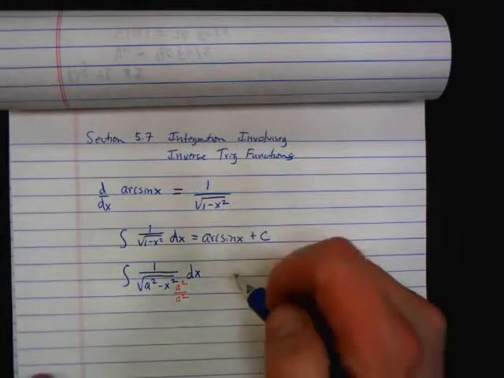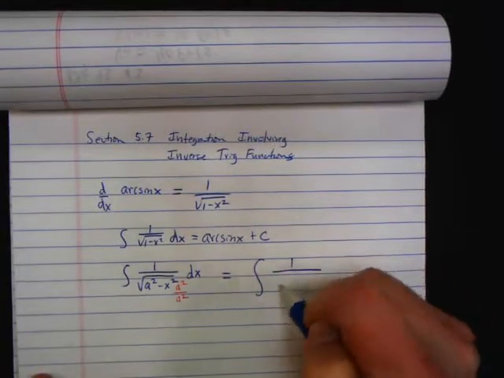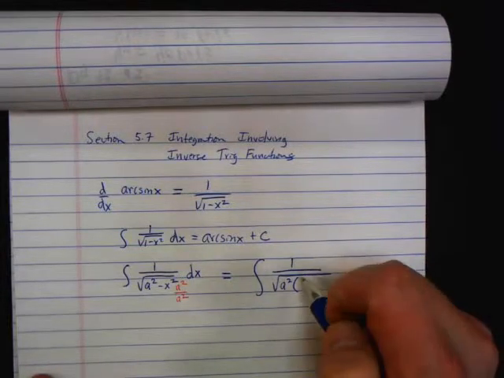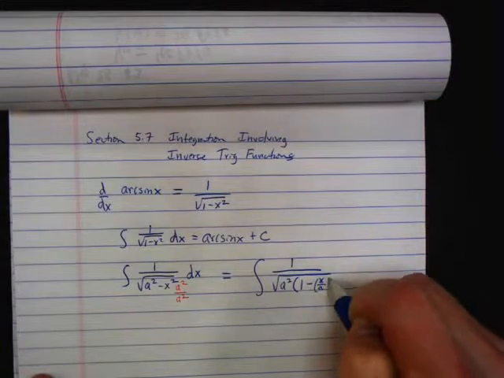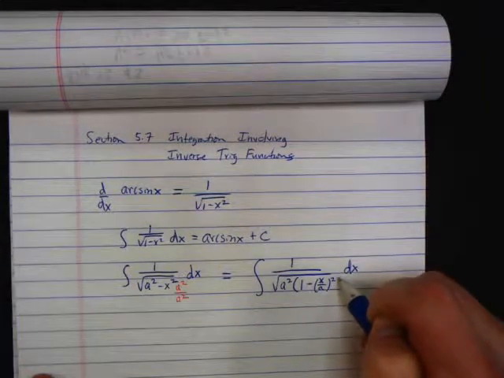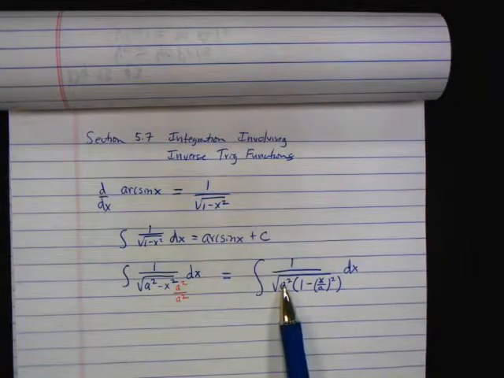Just a 1. So we write it this way. The integral of 1 over the square root of a squared times 1 minus x over a all squared. This a squared and that square root cancel each other out, so that's just an a on the bottom.